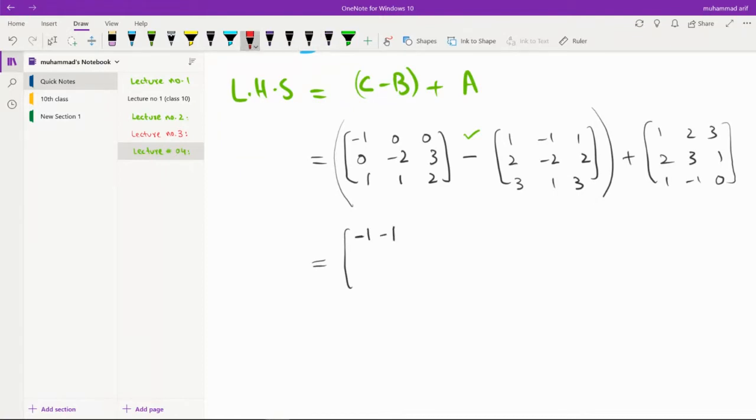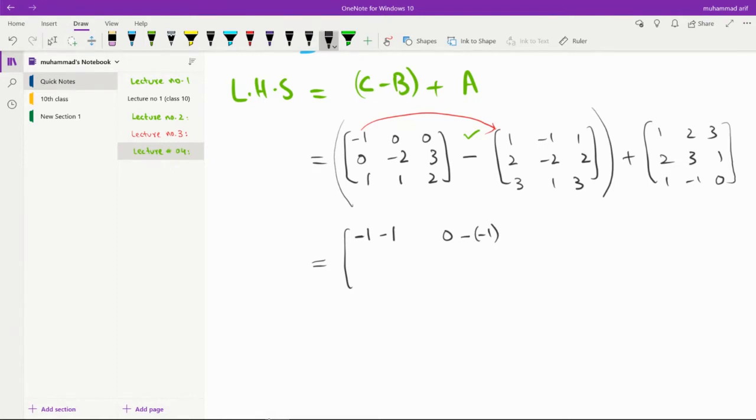That is, the first element subtracts the first element. Similarly, 0, negative into negative 1. There are two negatives. One negative is in between the brackets and one negative is with the 1.